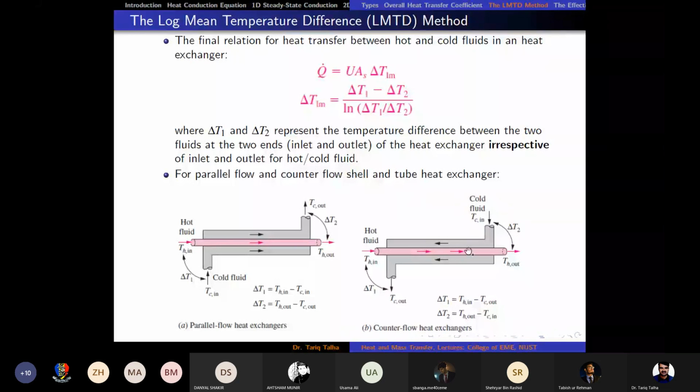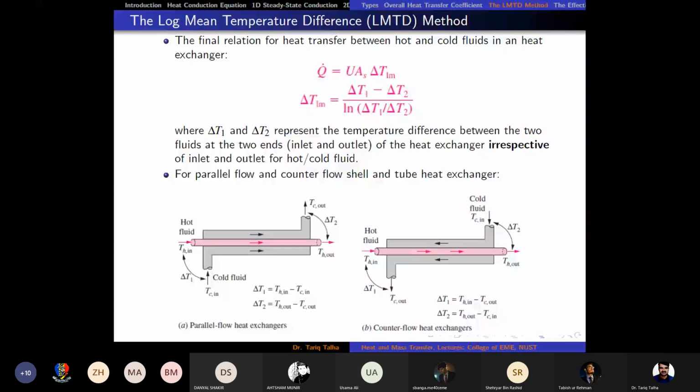The only difference is that the direction of flow is opposite in the counterflow. If we have been given a size of heat exchanger, and the lengths of the parallel flow and counterflow heat exchangers are equal, then the temperature change would be more for the counterflow.